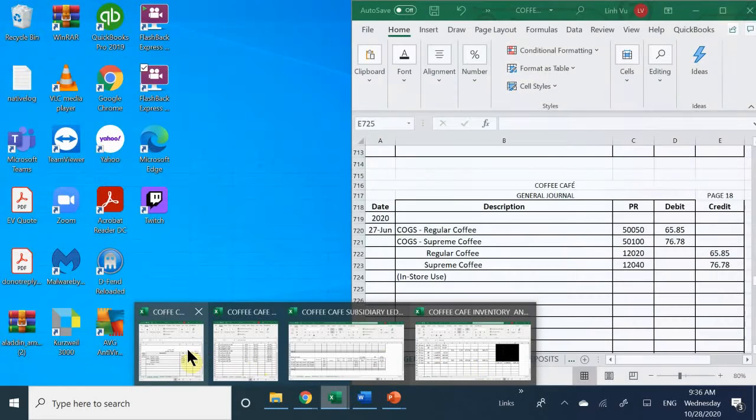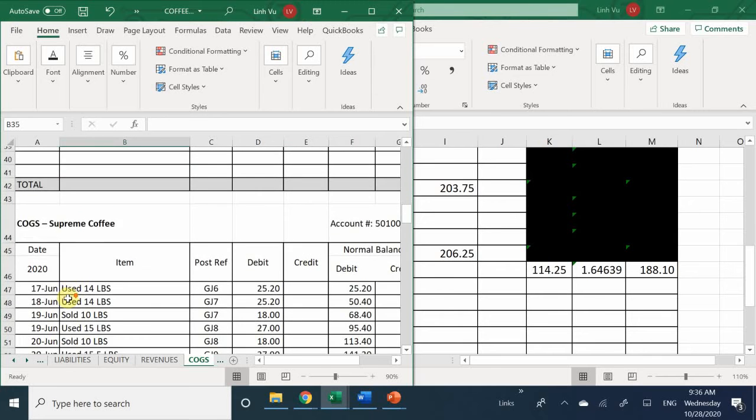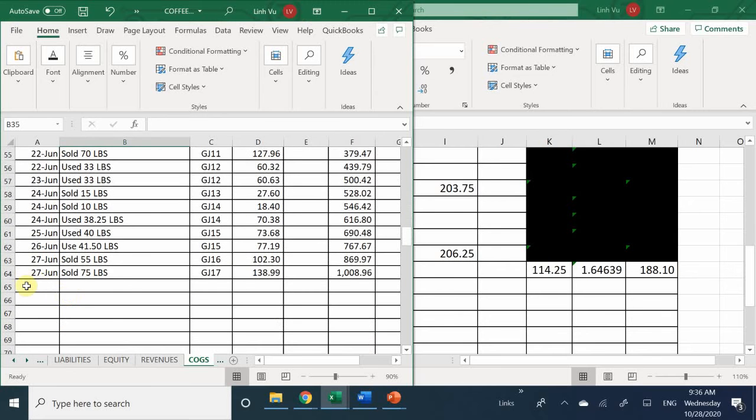Okay. All right, so back to our ledger. So what is next? We're going to go to cost of goods sold Supreme Coffee. How many pounds did we use? We used 41.5. Good.